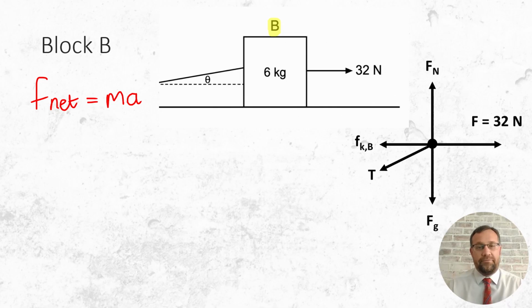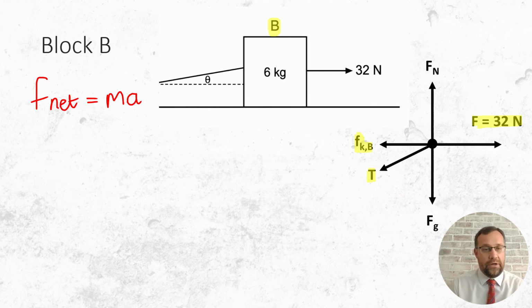We have the applied force of 32 newtons to the right. We have to subtract the kinetic frictional force acting on block B, as well as the horizontal component of the tension, which will in this case also be T times cos theta.